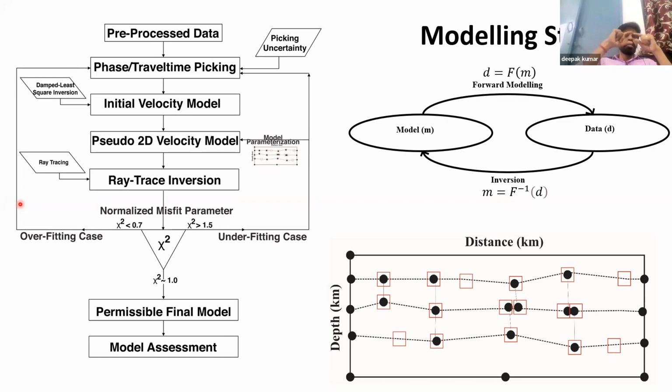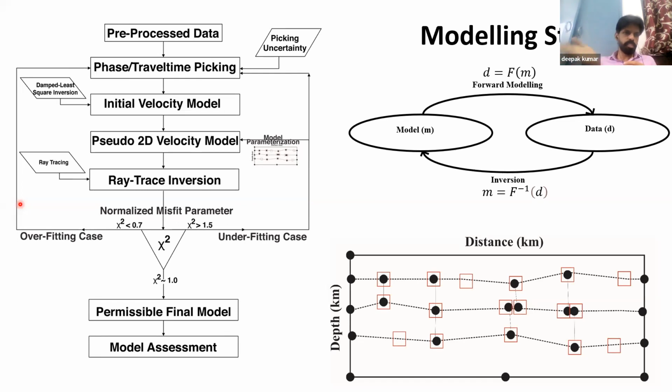Suppose this is the phase and this is the time error I have given. Even if I pick within this, it's acceptable, because I cannot be perfect like a computer can be perfect, but humans can't. So we have to be cautious about the uncertainty or error in picking.